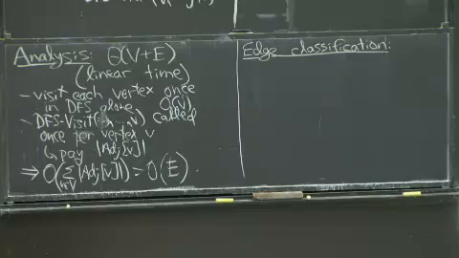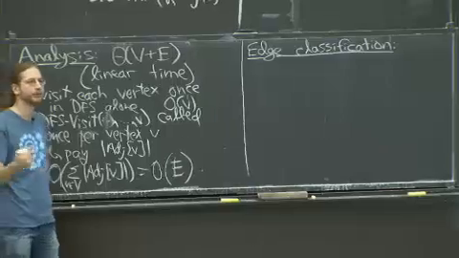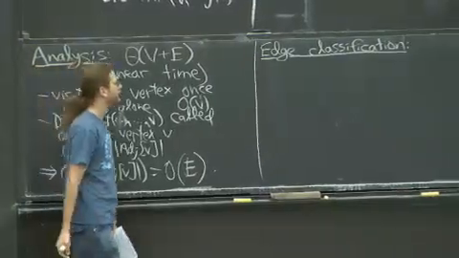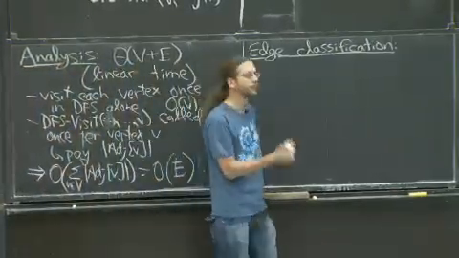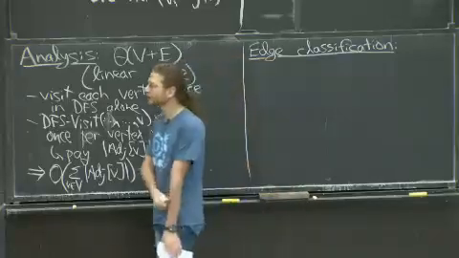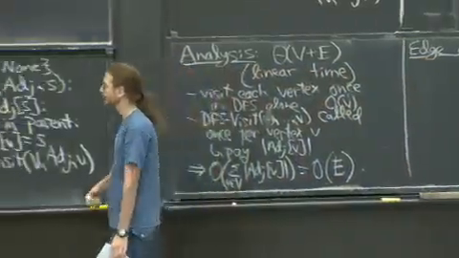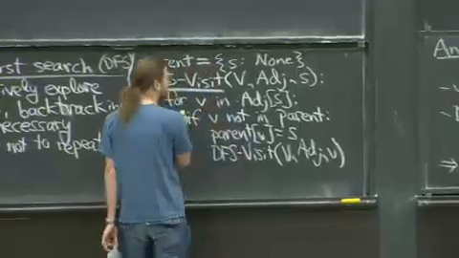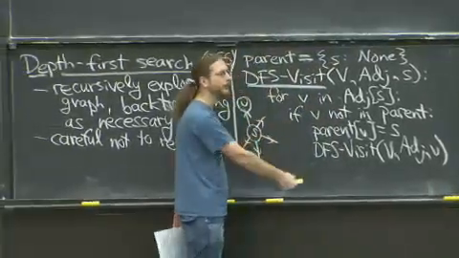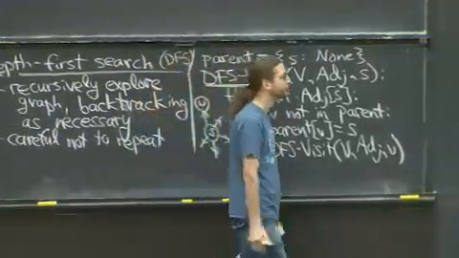In a directed graph, every edge gets visited once. In an undirected graph, every edge gets visited twice, once from each side. And when you visit that edge, there's sort of different categories of what could happen to it. Maybe the edge led to something unvisited, then you went there. We call those tree edges.